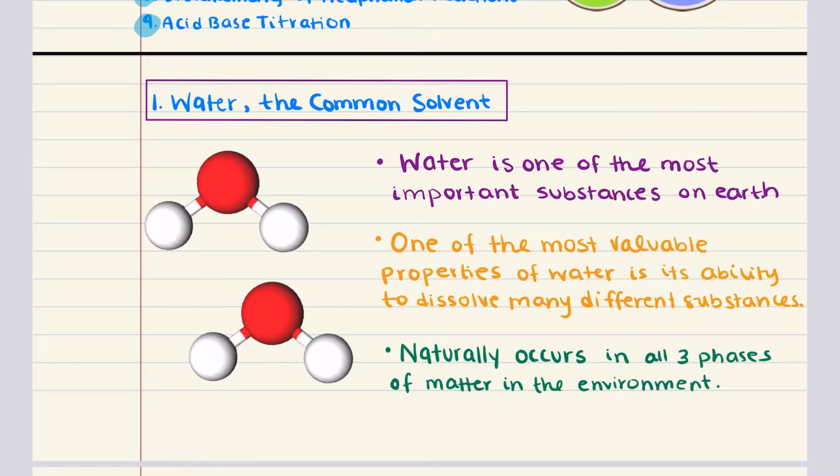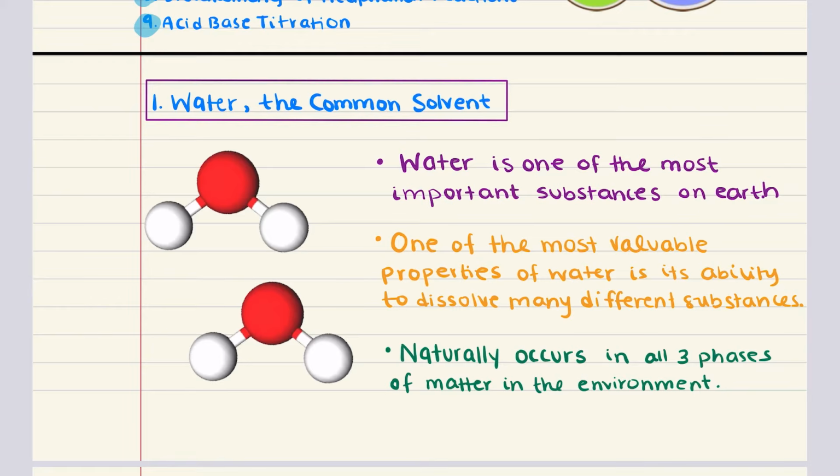So, for example, virtually all the chemistry that makes life possible occurs in an aqueous environment, so in water. Also, various medical tests involve aqueous reactions, and they depend heavily on analysis of blood and other body fluids with water present. Now, aqueous chemistry is also important in our environment.